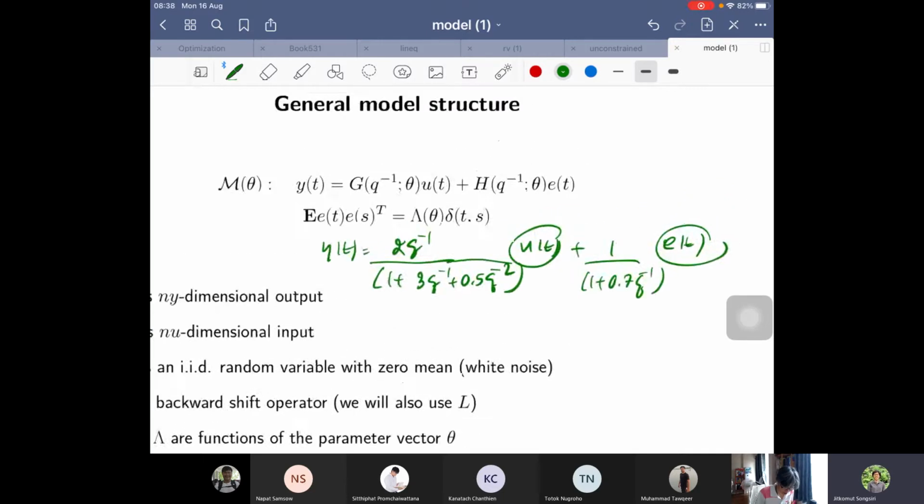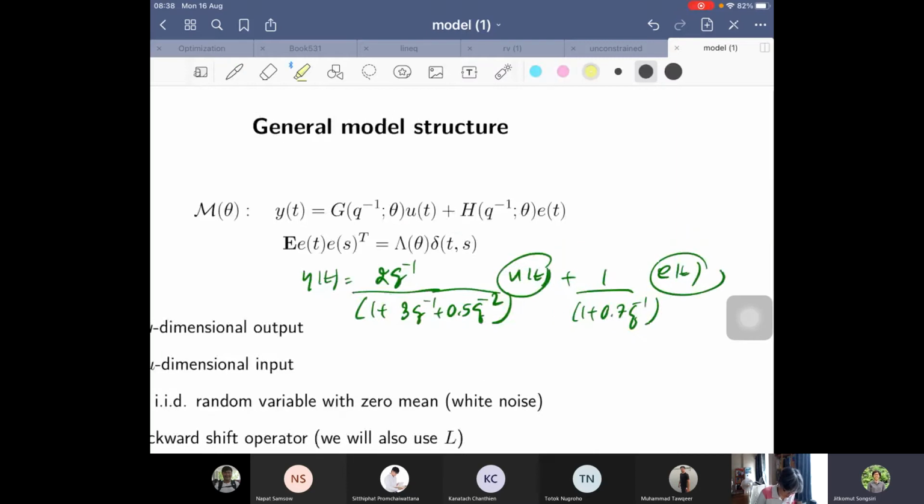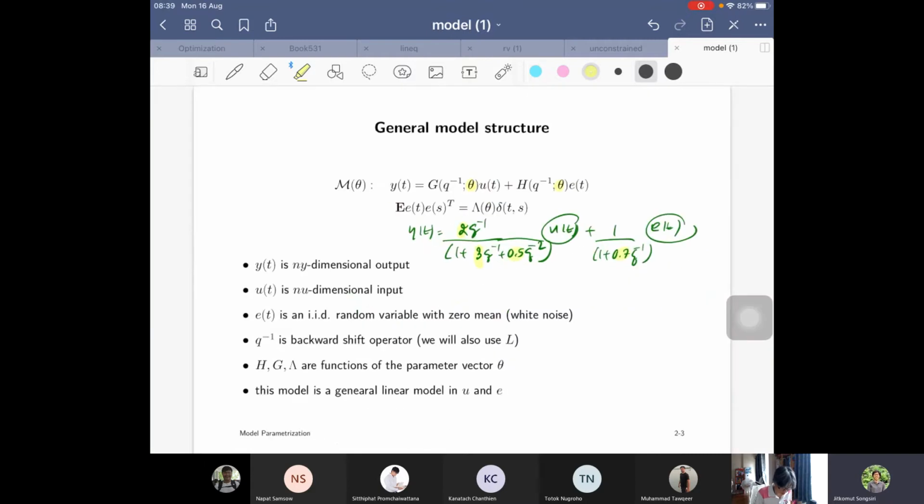But you see here that in this representation, the coefficient 3.5 in G is one example of parameter theta. 0.7 here is a parameter in H. In terms of general model structure, G and H can be any order as you wish, and this is something that the user must define before the step of system identification.